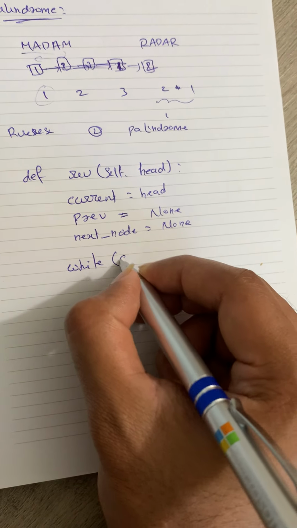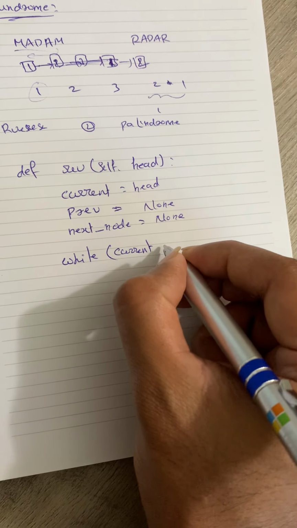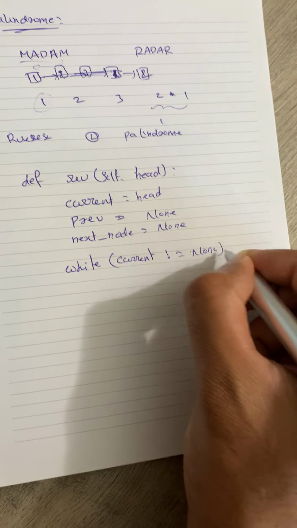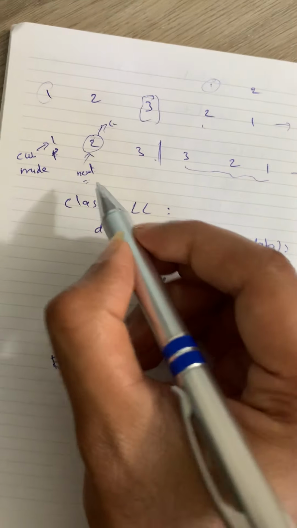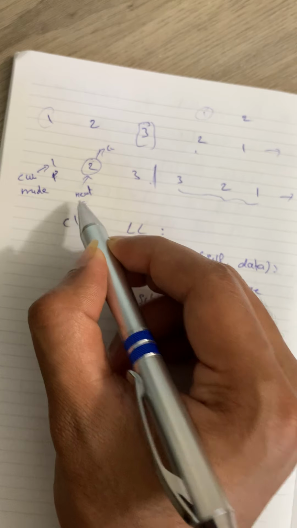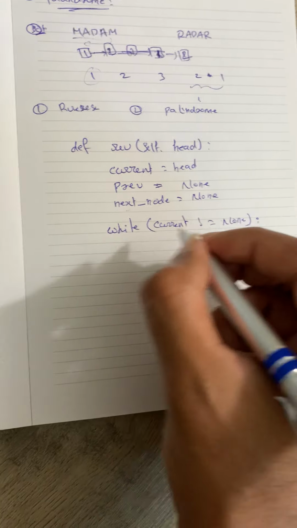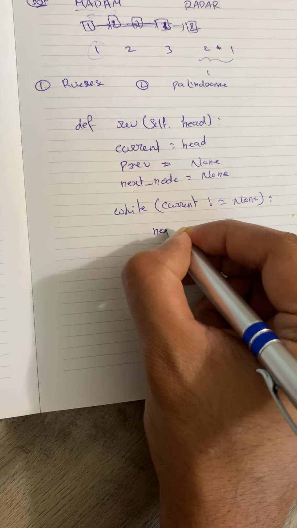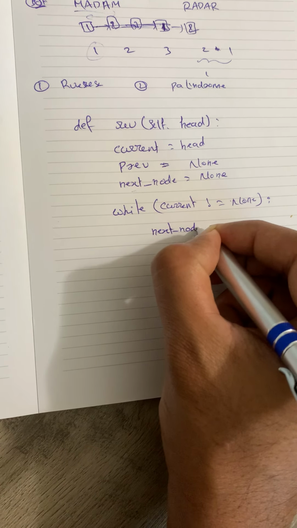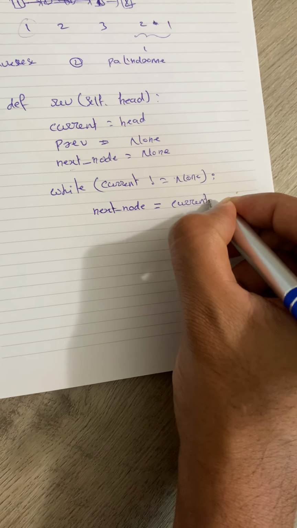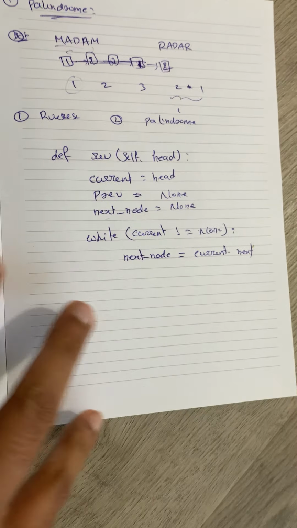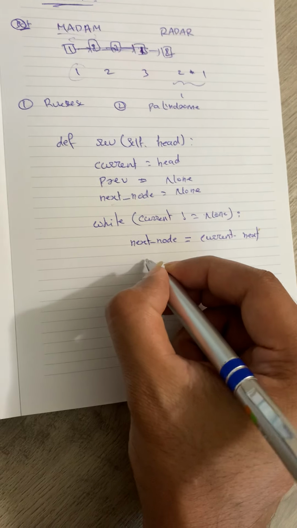I'll have to write the logic while current is not equal to none. We have to set next underscore node equal to current dot next, and we make current dot next equal to previous node.